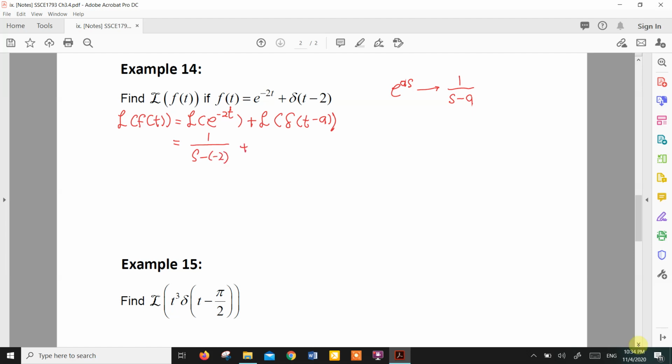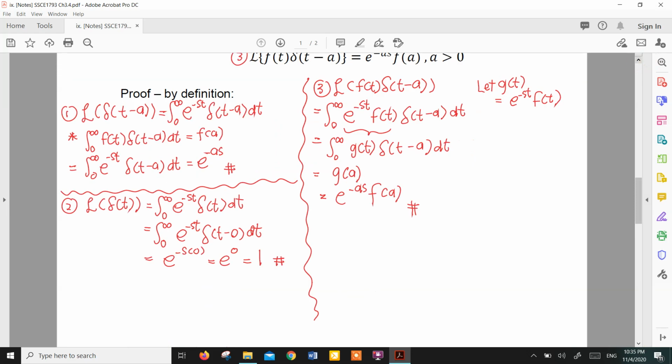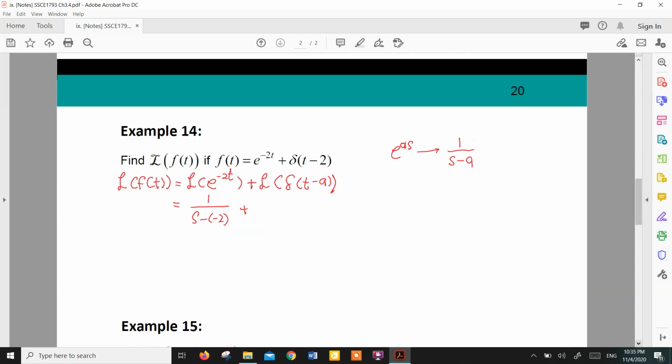Okay, plus, for the Laplace transform of delta(t minus a), you can refer to the previous page. It is equals to e to the power of negative as, so e to the power of negative 2s. So the answer will be 1 over s plus 2, plus e to the negative 2s. Okay, so I hope you can understand this example.